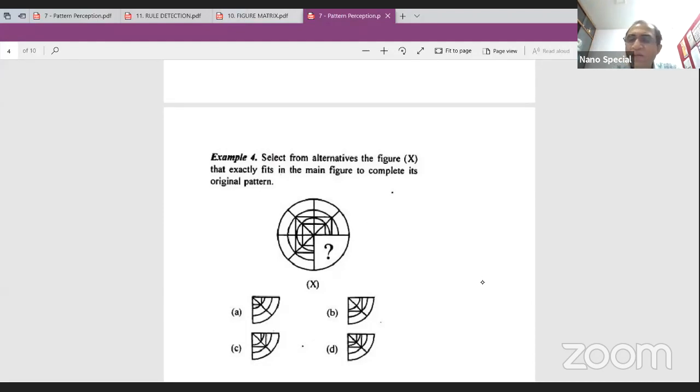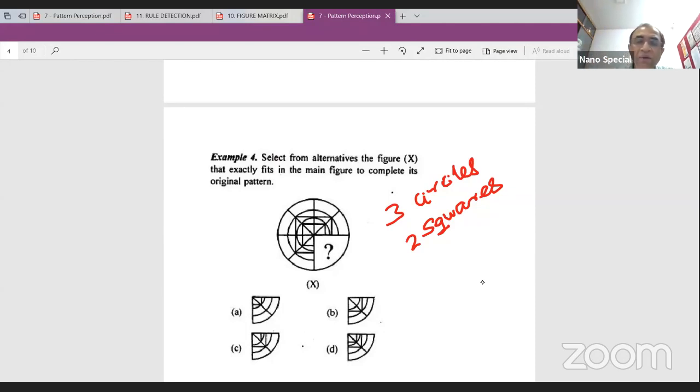Just look at it closely. You have three circles and two squares. Some of you, Shrestha for example, have given B as the answer.